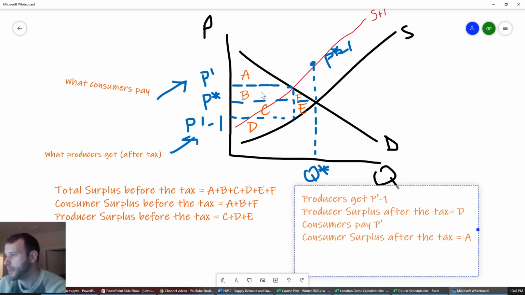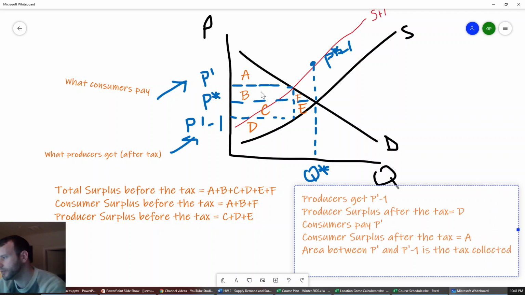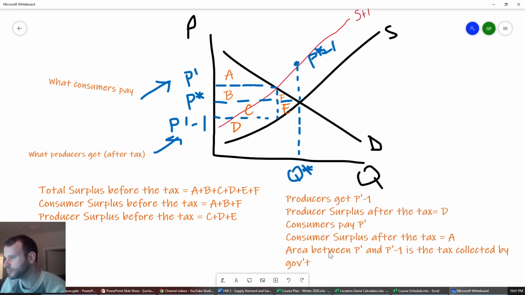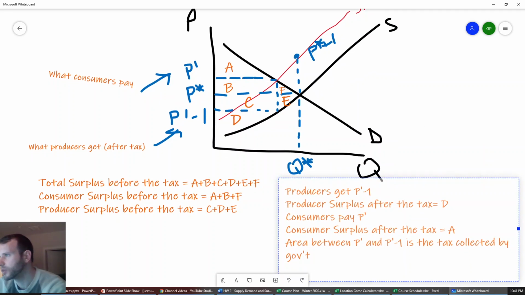The area between P prime and P prime minus 1 is the tax collected by government. So government revenue, aka the tax revenue, is equal to B plus C.